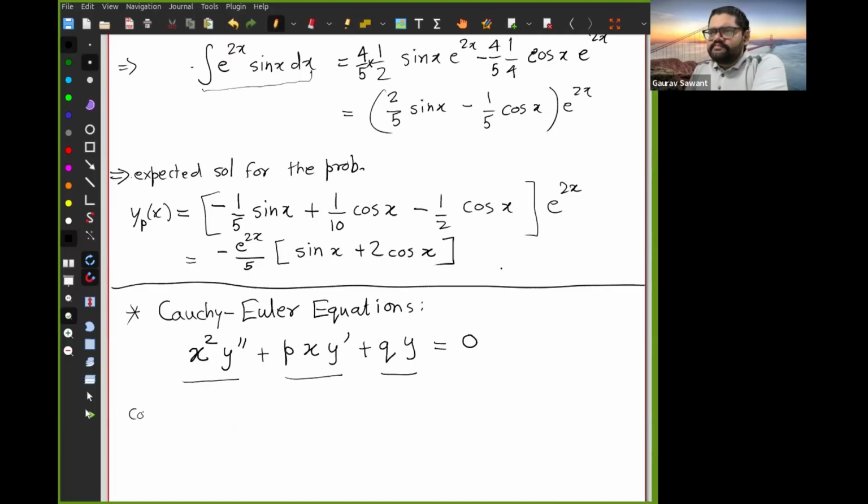So compare with y double dash plus, I will just write capital P and capital Q for the constant coefficients for the time being, plus Q y equal to 0.